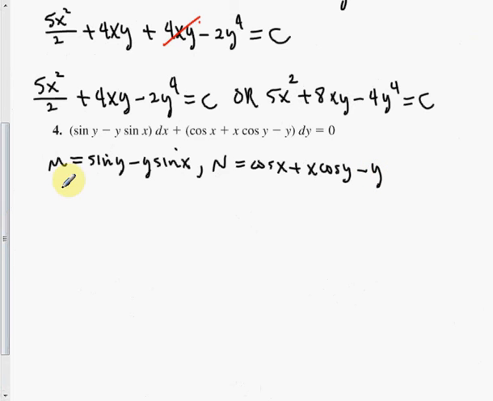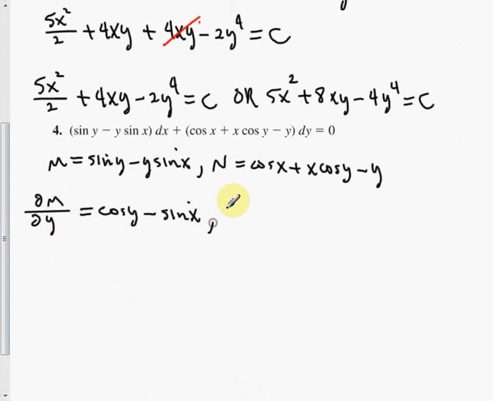Take the partial of m with respect to y. So this is the derivative, not the integral. So here I get cosine y minus, take the derivative of this y, that's just minus 1 times its coefficient, sine x. Again, I'm taking the derivative with respect to y.